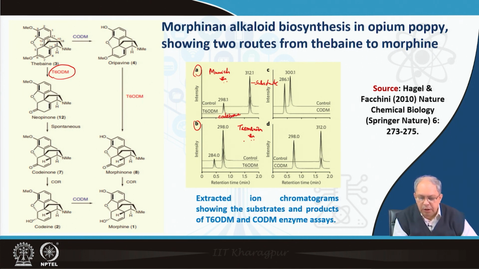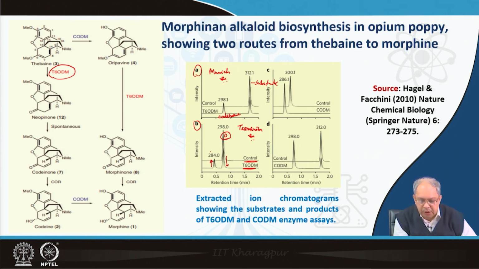Similarly, the bottom one is for the Tasmanian variety, where the substrate is oripavine. The control one has no enzyme, and with T6-ODM the enzymatic reaction occurs, so the substrate is getting depleted as a result of product formation.